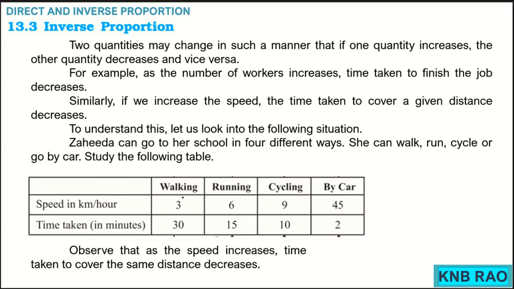If the speed doubles from 3 to 6, then the time taken to reach becomes half. When the speed triples while pedaling, then the time taken to reach the destination becomes 1/3.